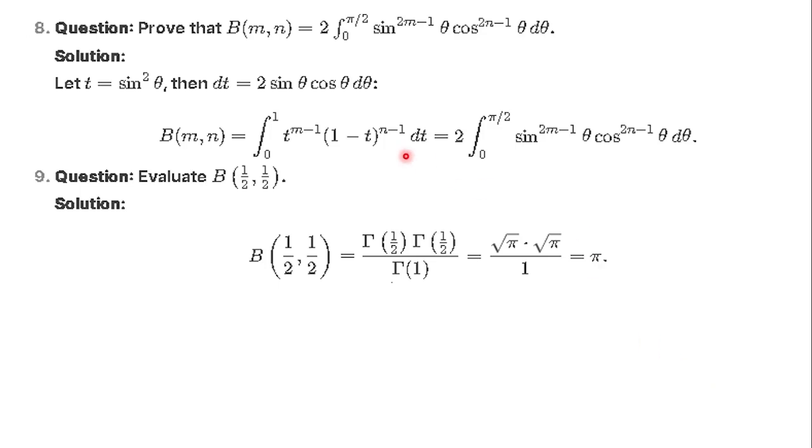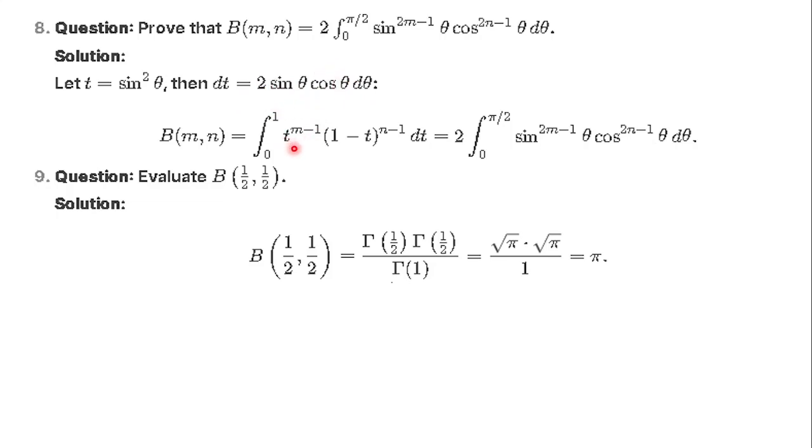Now there's another one again. Prove that B(m,n) is equal to this. This one is straightforward, right? All you need to do is let t be equal to sine squared theta, and then dt will be equal to 2 sine theta cos theta.